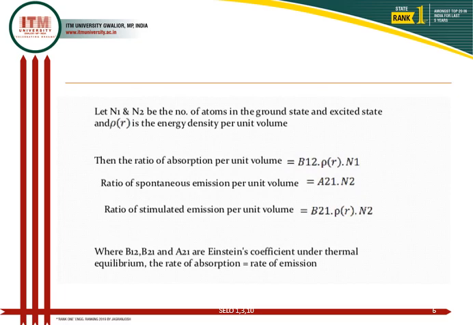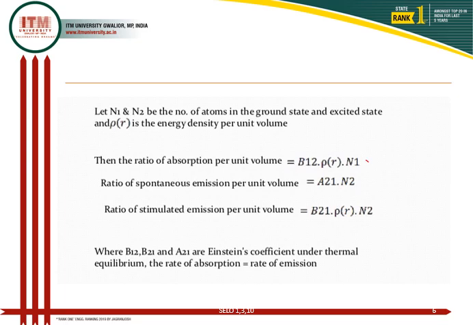If N1 and N2 are the numbers of atoms in the ground state and excited state, and rho r is the energy density, then the rate of absorption per unit volume, the rate of spontaneous emission per unit volume, and the rate of stimulated emission per unit volume can be obtained. These are the equations for this.